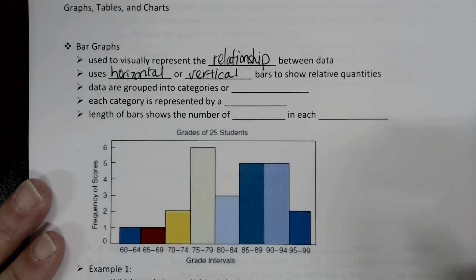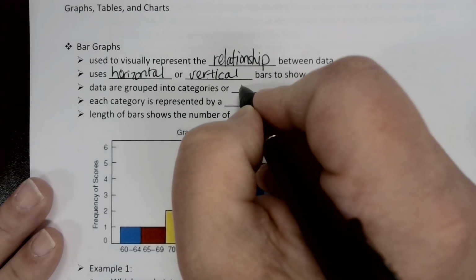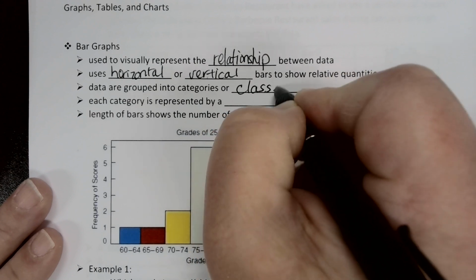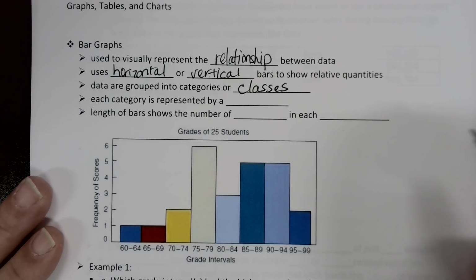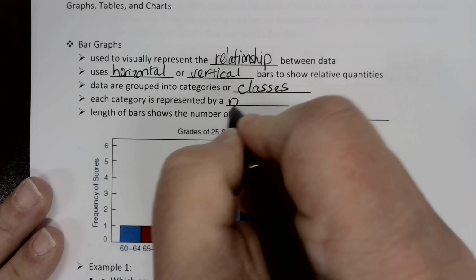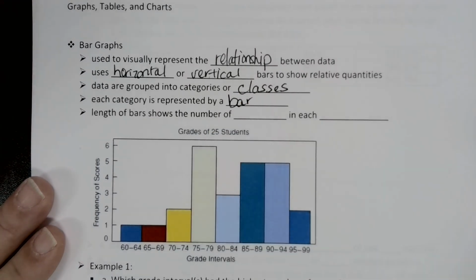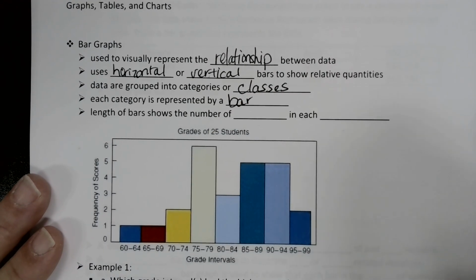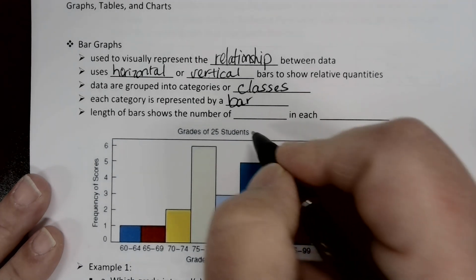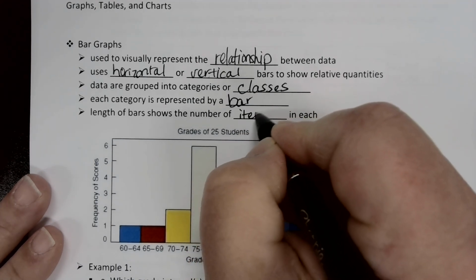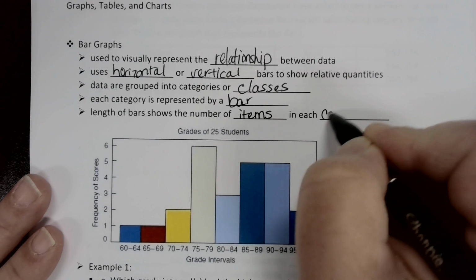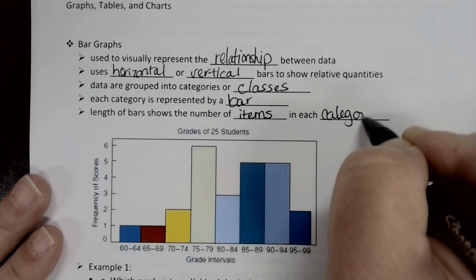Data are grouped into categories or classes. Each category is represented by a bar on the graph. The length of the bar shows the number of items in each category.